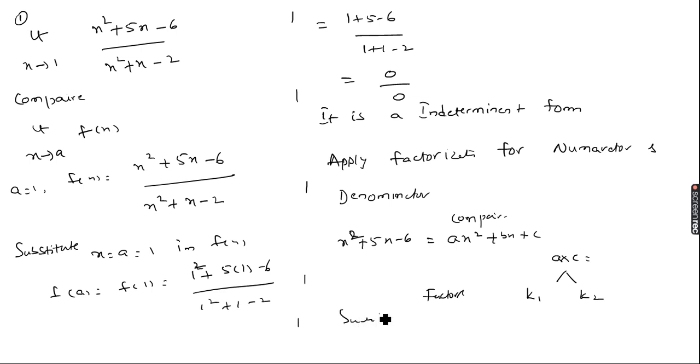such that k1 plus k2 becomes b and k1 into k2 becomes ac. So therefore here we have x square plus 5x minus 6.